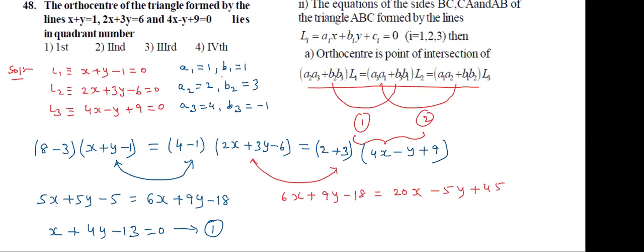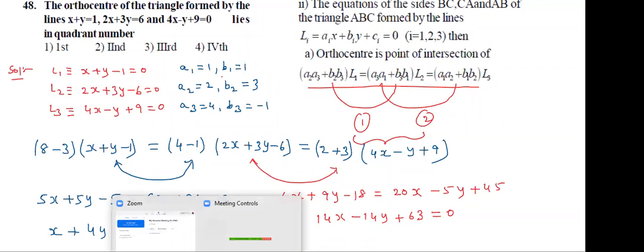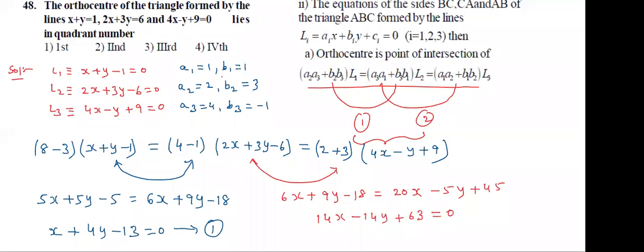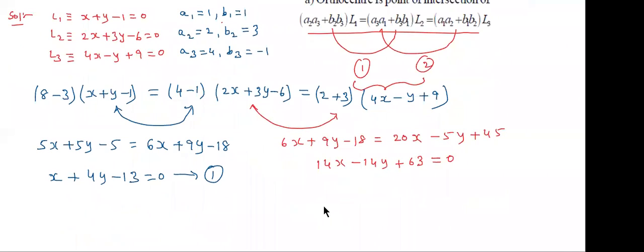Left hand side terms to the right hand side, we get 14x minus 14y minus 18, send that side plus 18, 45, 63. 63 is equal to 0. Any calculation here? This is equation number 2.